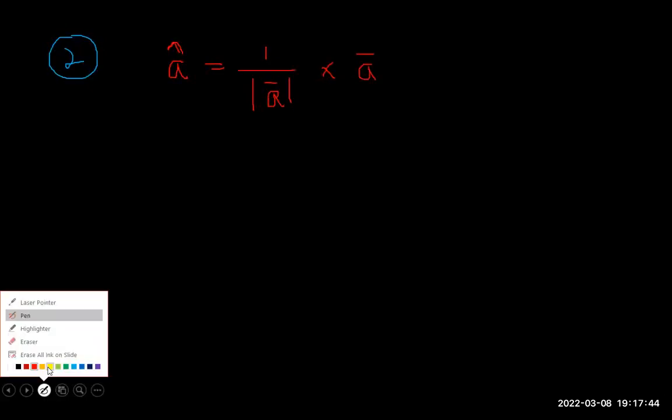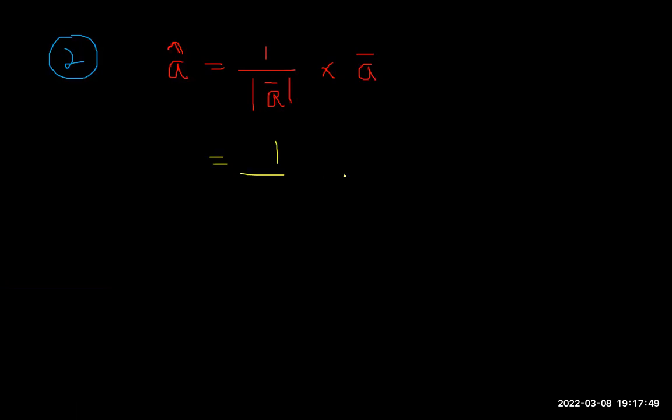So to find my unit vector, it would be 1 over the magnitude we just found, which was root 65, multiplied by the vector that they gave us, 4i hat minus 7j hat.